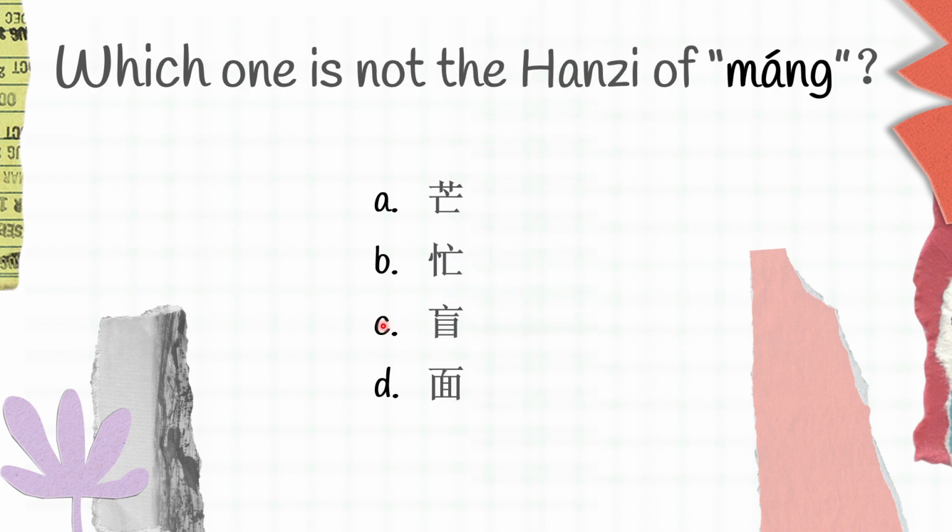Moving on to the next question. Which one is not the hanzi of mang? This question is a little bit different from our usual question, so please pay attention, guys.